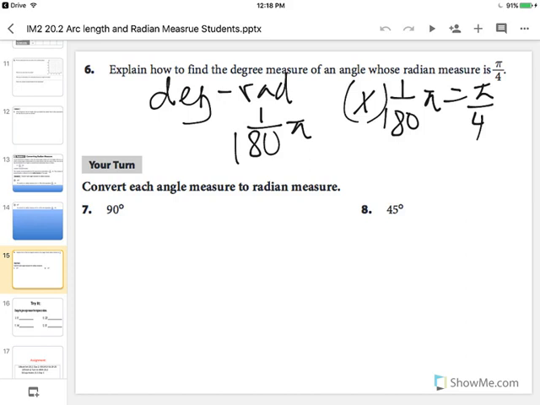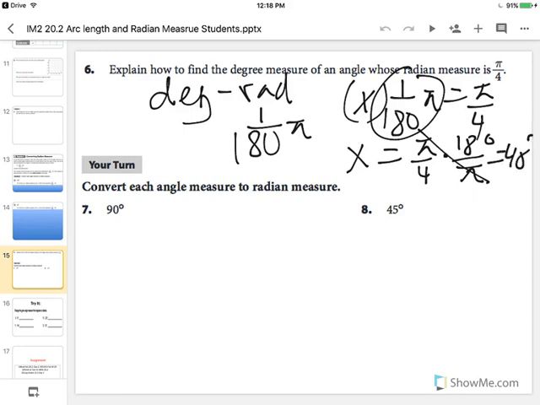Okay, so then to solve for x, do the reciprocal, so this is 180 over pi. So that they reduce. Then you do 180 divided by 4. So then this gives us 45 degrees.